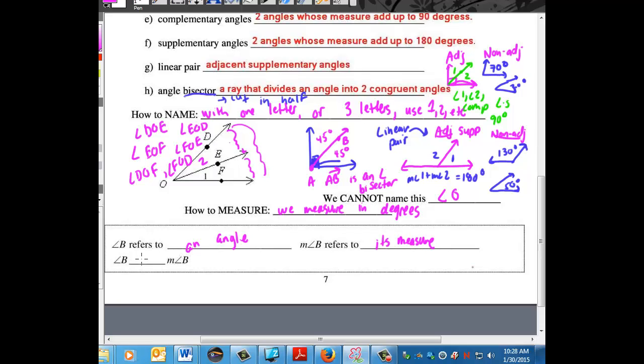And angle B does not equal measure of angle B. They are two different things. Recall that AB does not equal segment AB. They're similar, but they're not exactly the same. All right, angle B does not equal the measure of angle B. This refers to the angle, this is the measure in degrees.